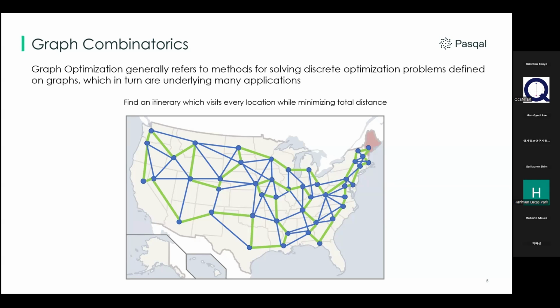And if you add these weights on top of the representation, then suddenly the problem becomes much more complicated, because the question you can ask is, how can I go around all the cities while, for instance, minimizing my travel cost, or minimizing the distance I am traveling in total?